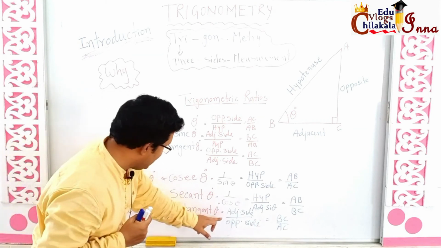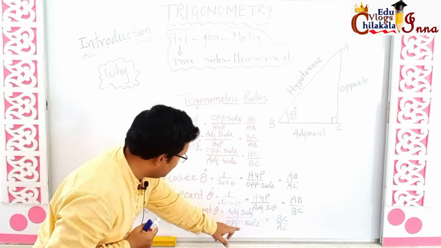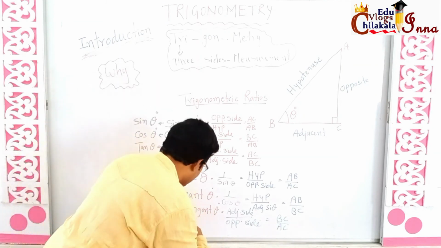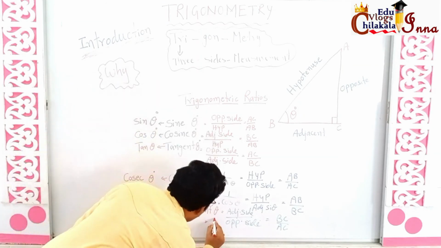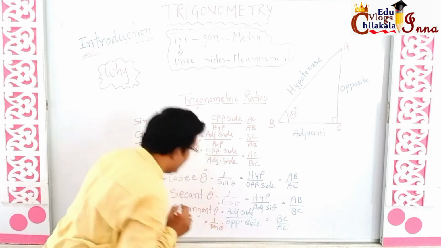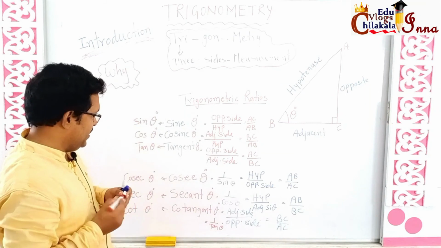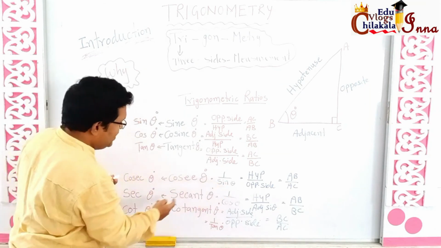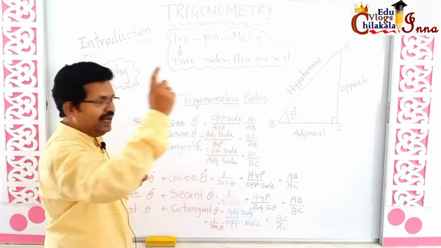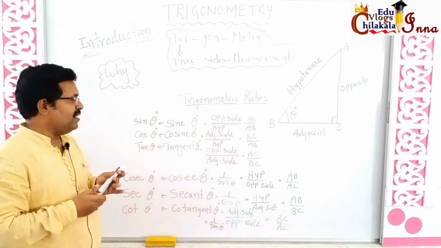Cot theta is adjacent side by opposite side, and this can also be written as 1 by tan theta. Cosecant is 1 by sin theta. Secant is 1 by cos theta. Cotangent is 1 by tan theta. You should remember it like that.